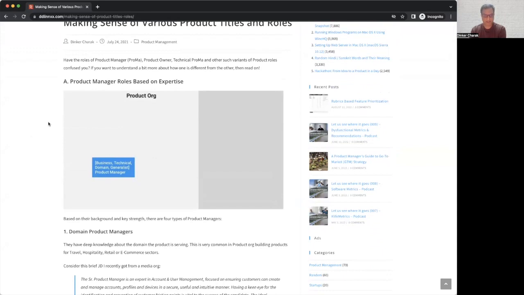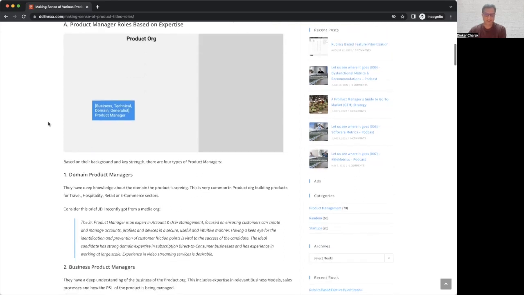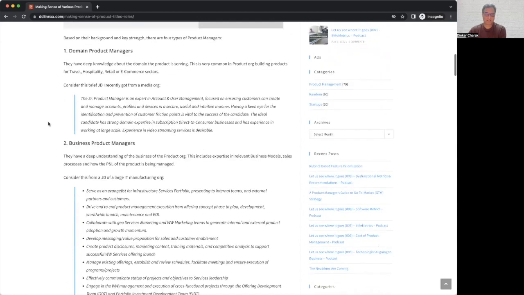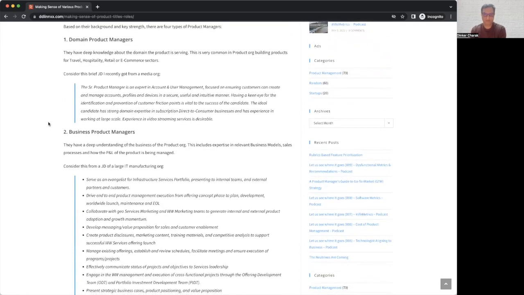In my experience, in any product organization, there are four kinds of product managers: business product managers, technical product managers, domain product managers, and generalist product managers. Let's double click and see what each one of them means.